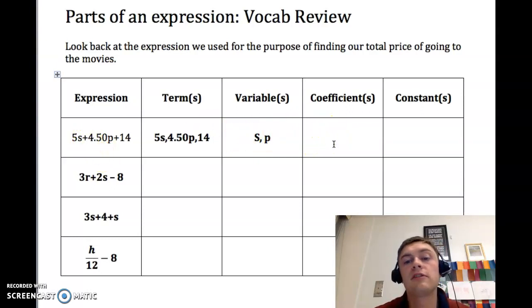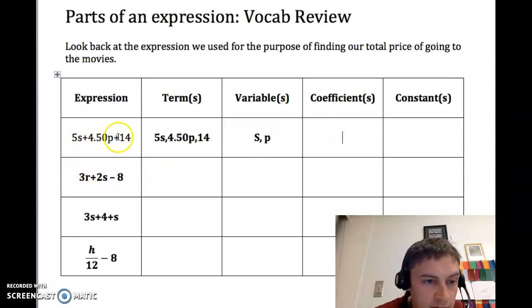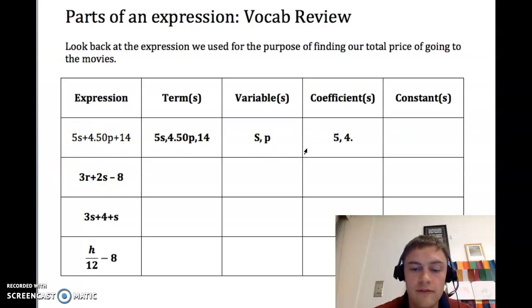The coefficients are the numbers in front of the letters. Well, the only letters here are s and p. The number in front of s is 5. The number in front of p is 450. And then the constant is just the number by itself, which is 14. There you go. You guys could probably do that one on your own.